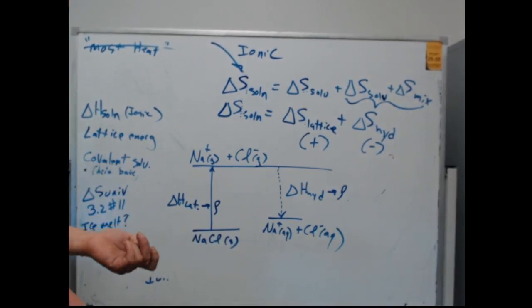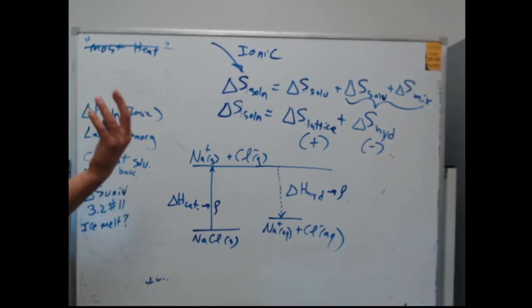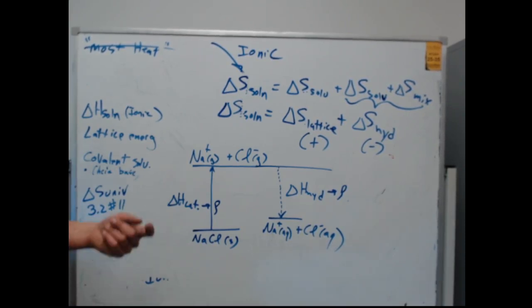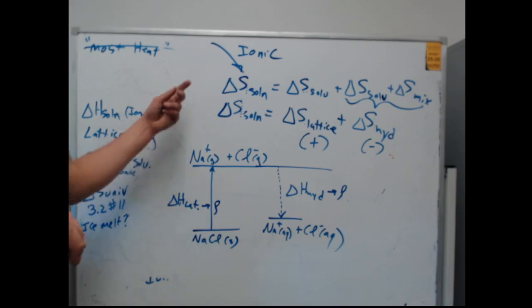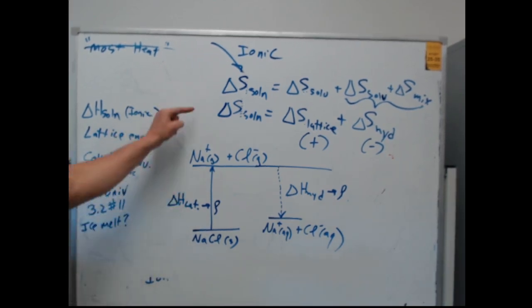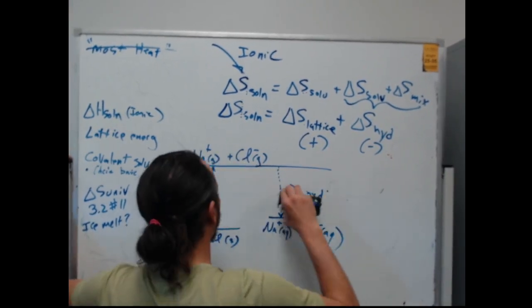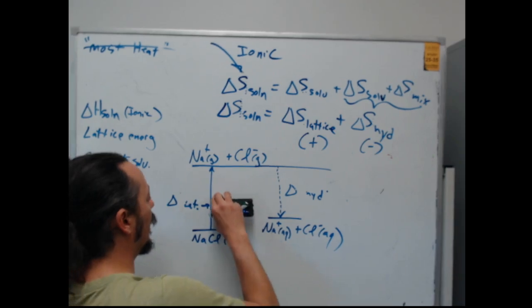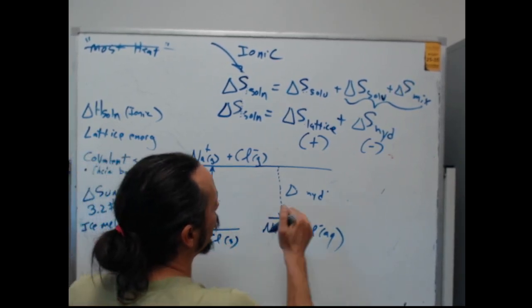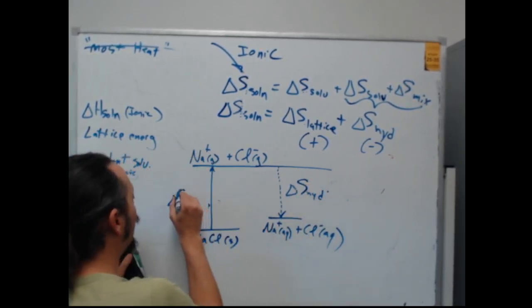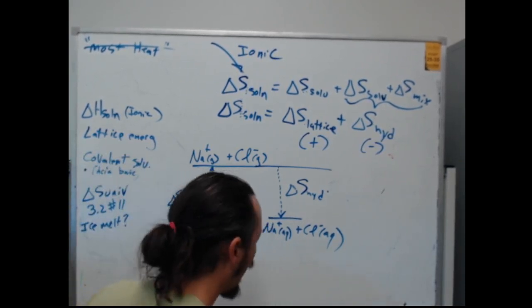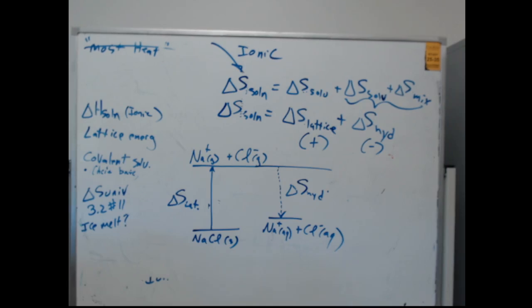Instead of enthalpy, I'm going to do it in terms of entropy. My Hess's law thinking will still have me doing the same steps. I'm still going to go up, I'm still going to go down, but now instead of looking at enthalpy, I'm going to be looking at entropy.